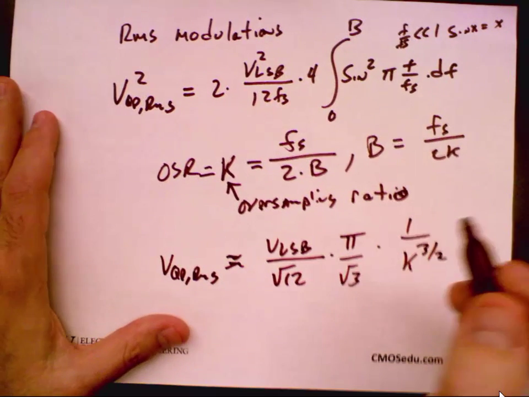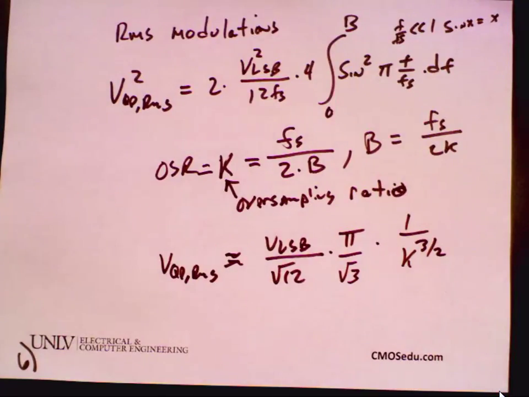Just intuitively, do I see with this equation that if I increase the oversampling ratio k, that my VQE RMS is going to shrink? Yeah, does everybody see that?